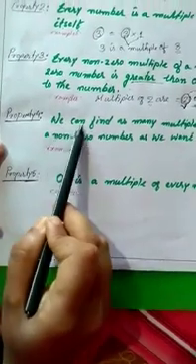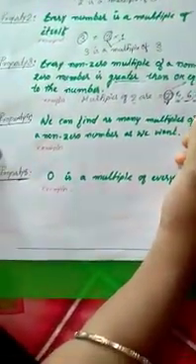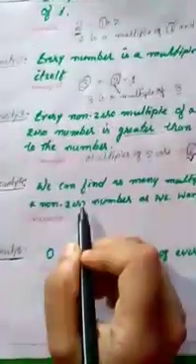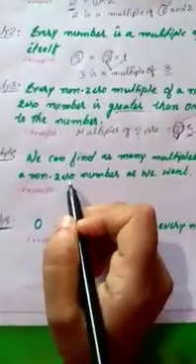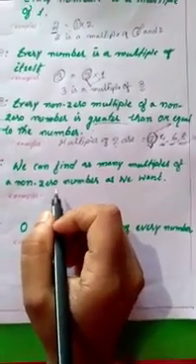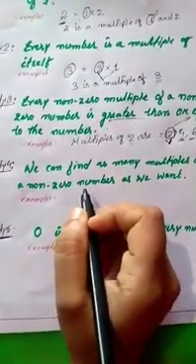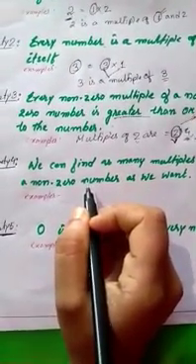We can find as many multiples of a non-zero number as we want. As there are infinite multiples of a given number, we can find an infinite number of multiples of any number. If you find the product of any number, you will get so many numbers.